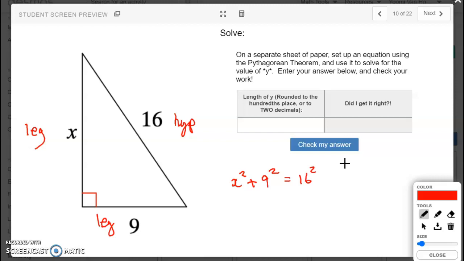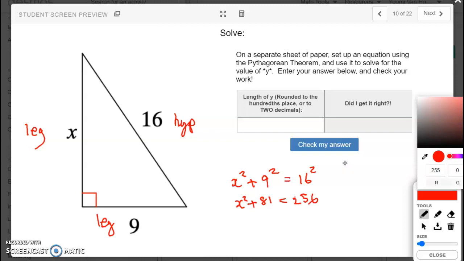So then what do I do? Okay, I want to evaluate the expressions, simplify it to numbers as much as possible. I know that 9 squared is 81, so I have x squared plus 81 is equal to 16 squared, and that is 256. So then what do I do?